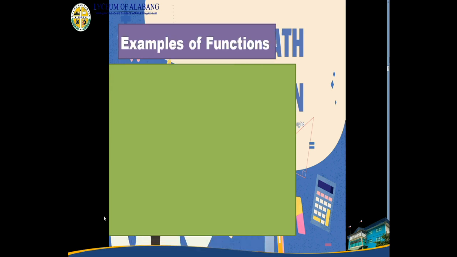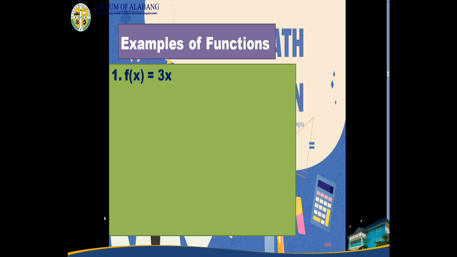Examples of functions. Functions are often notated with f of x. This means the function of x, where x is the variable. A simple function might be notated this way. Number 1, f of x is equal to 3x.